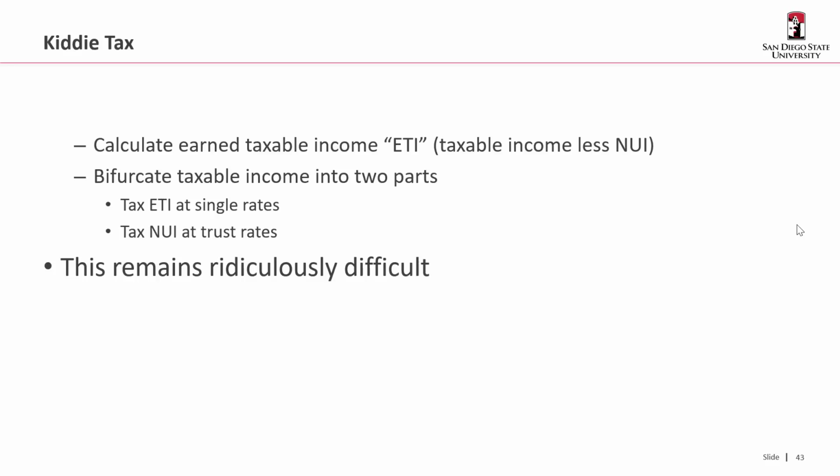So think of it like we're going to calculate taxable income, and then we're going to bifurcate that into two parts. We're going to calculate the part that's related to earned taxable income, and we're going to calculate the part that's related to net unearned income, and we're going to multiply those using different tax rate tables. So this used to be done differently in 2017 and previously, but it's still ridiculously difficult.